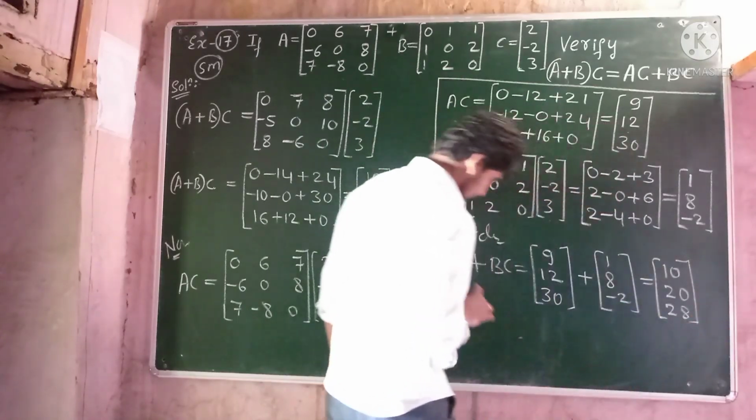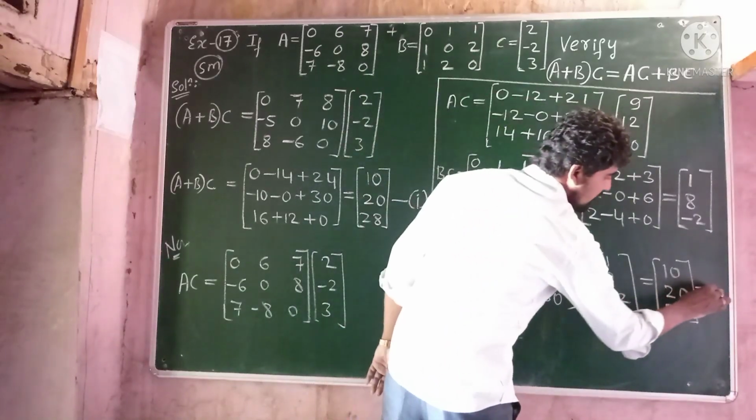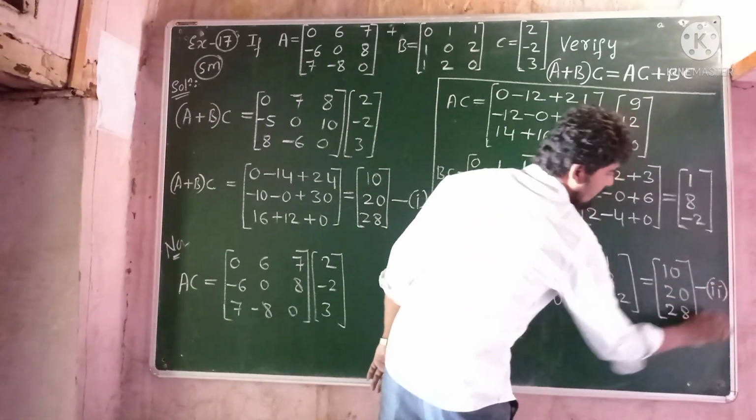This is the required matrix AC plus BC. Call it equation number 2.